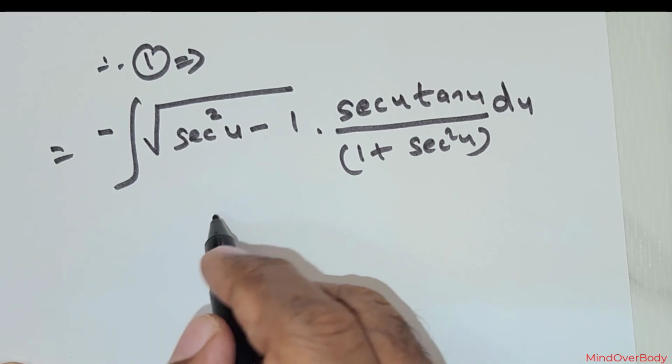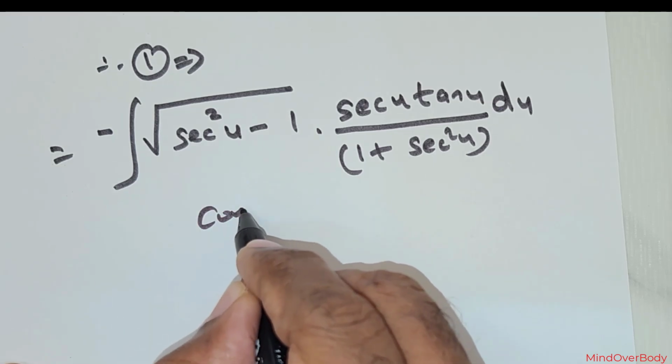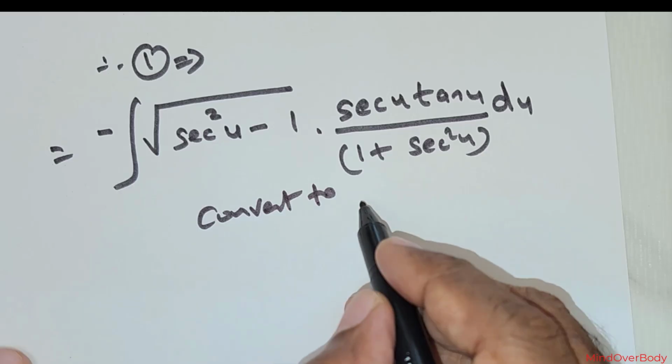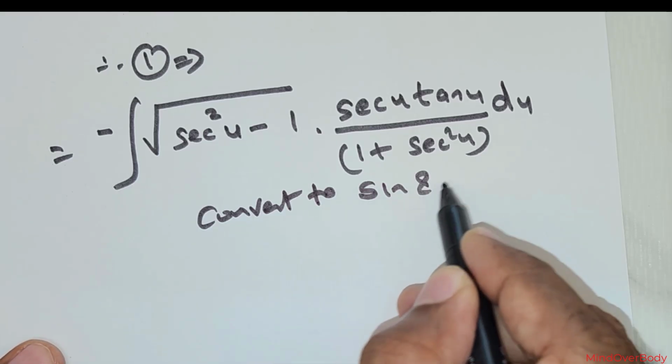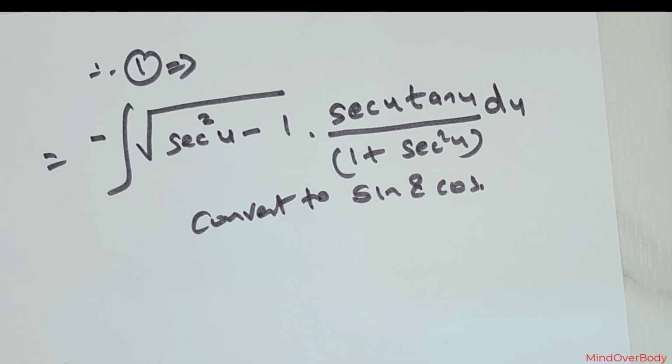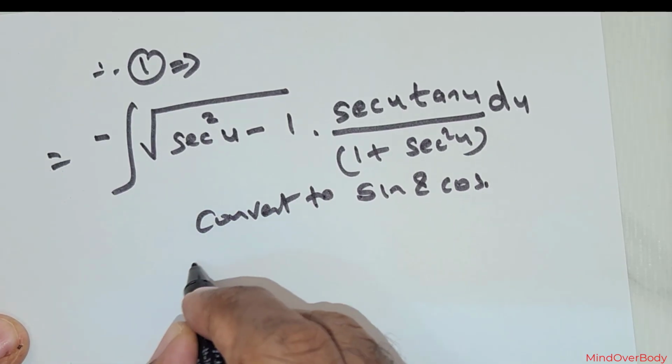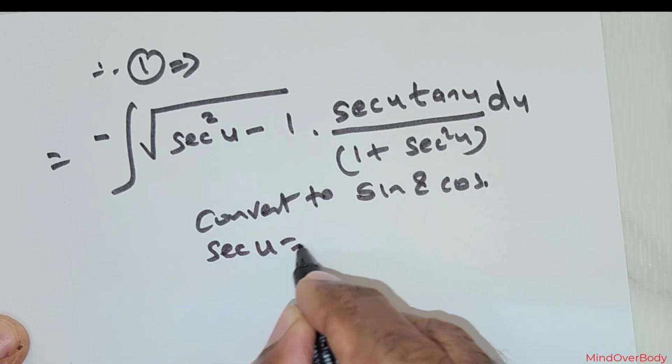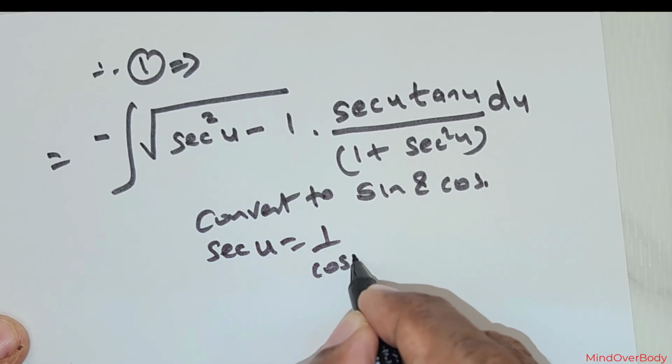Now what I wish to do is convert everything to sine and cos. Secant u is 1 over cos u.